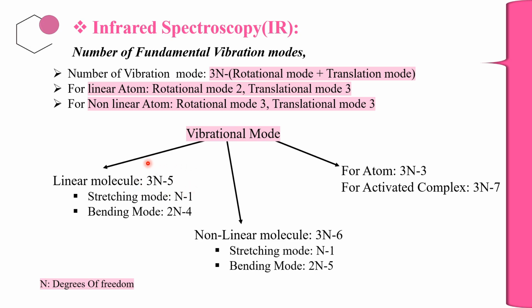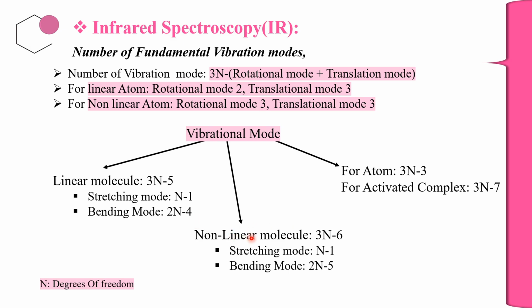This is something that you have to remember. For any molecule, the stretching mode is n minus 1, where n is the number of atoms, and the rest of the vibrational modes are called bending modes.